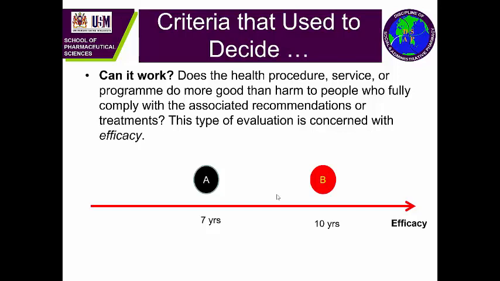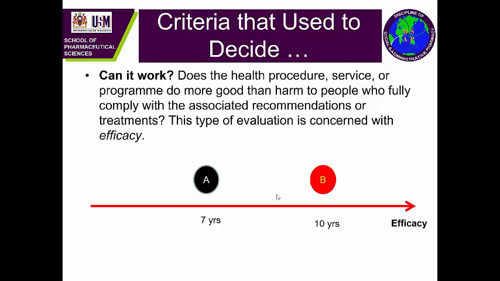So there have been many criteria used in decision making. One is perhaps based on the question of efficacy. Can it work? Does the health procedure, service or program do more good than harm to people who fully comply with the associated recommendation or treatment?